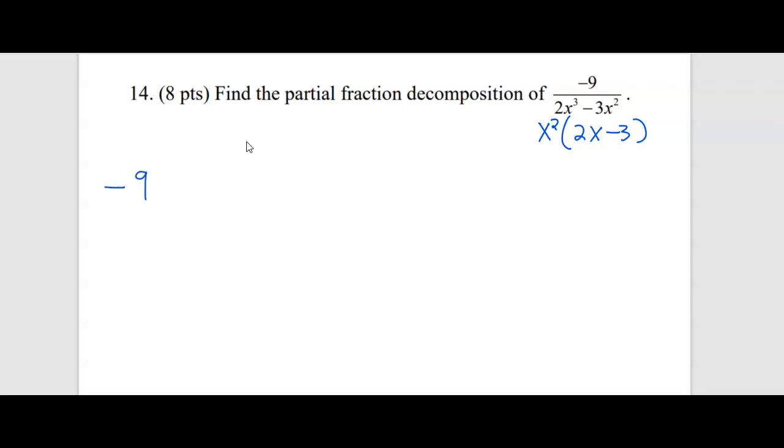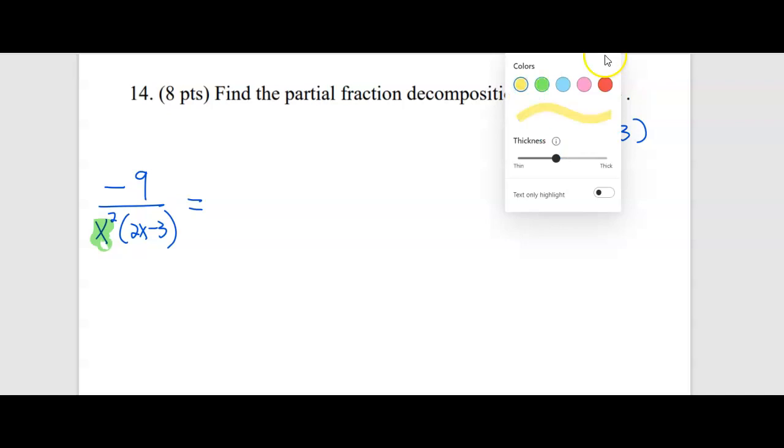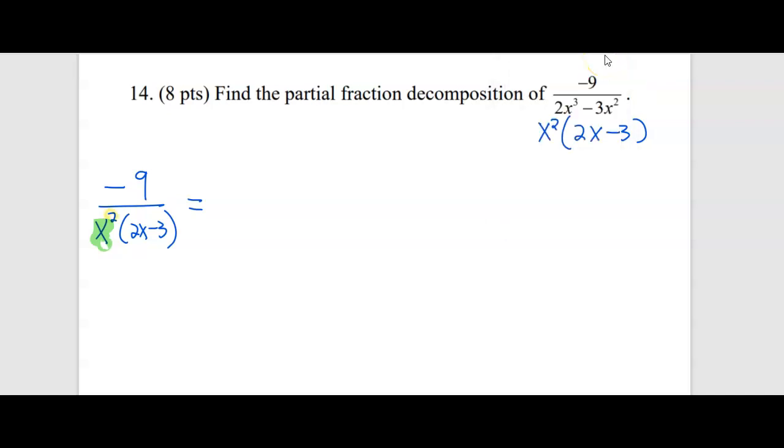So our whole fraction now, we start off with the first factor, and that factor is repeated.